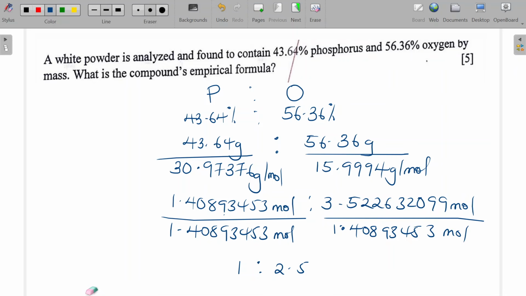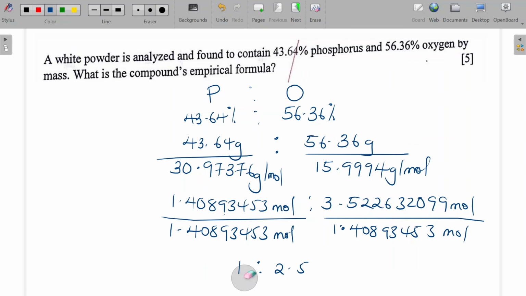Yes, P2O5. Someone might think to say, okay, let me round off the 0.5 and it becomes a 3. There you get it wrong. You need to understand that if you have a number like 1.5 or 2.5, something giving you 0.5, you have to multiply that by 2 so that you can get the correct answer.